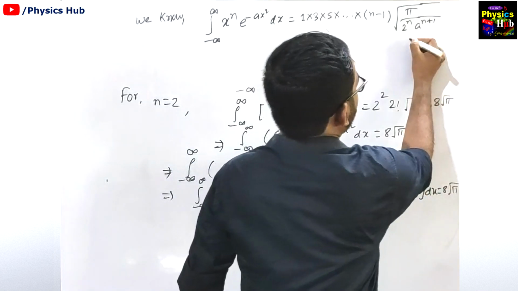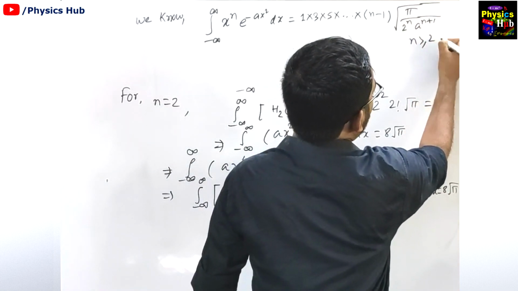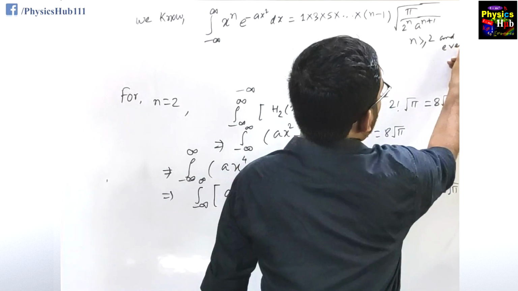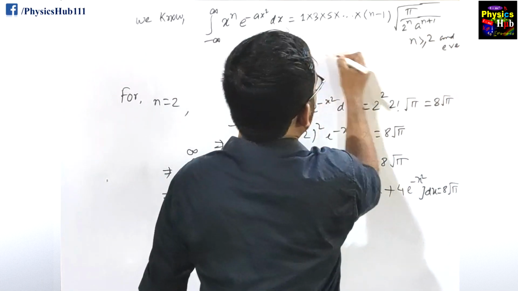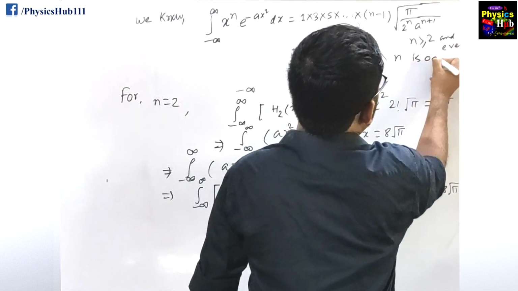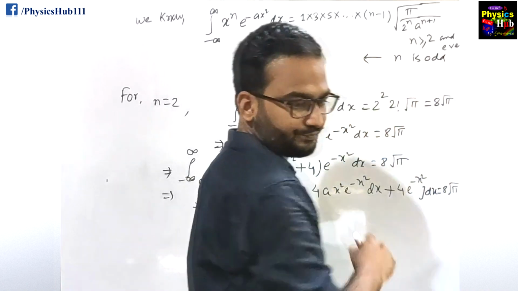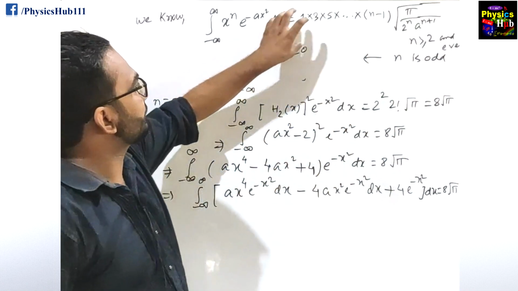This is valid when n is greater than or equal to 2 and even, and if n is odd then this value will give you 0. Now we will utilize this formula here.